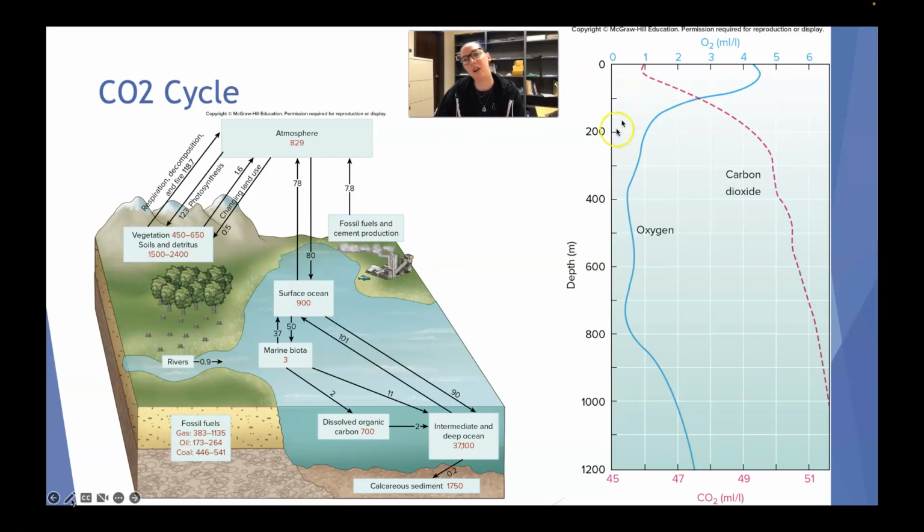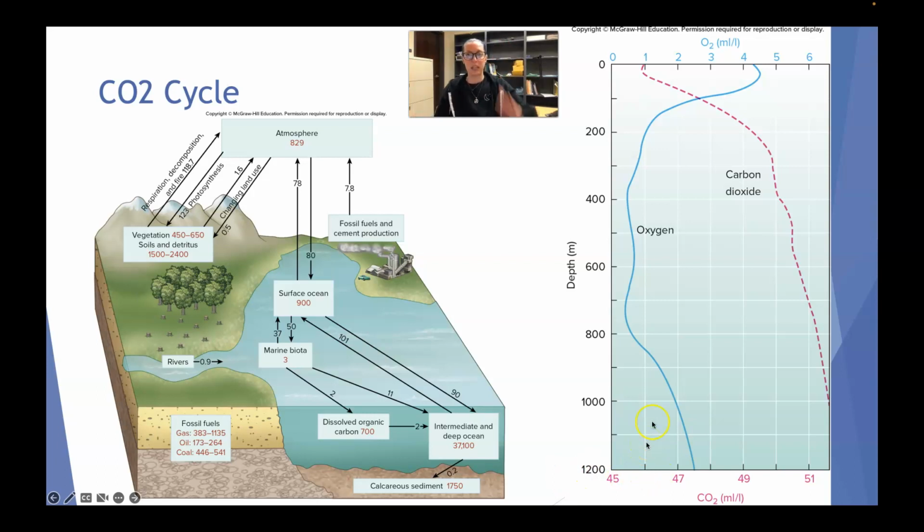And then the graph here on the right-hand side is looking at this blue line, which is oxygen, on the top x-axis, and the pink dotted line is carbon dioxide on the bottom x-axis, with depth on our y-axis. So the surface of the ocean is at the top, and about 1,200 meters down is at the bottom.